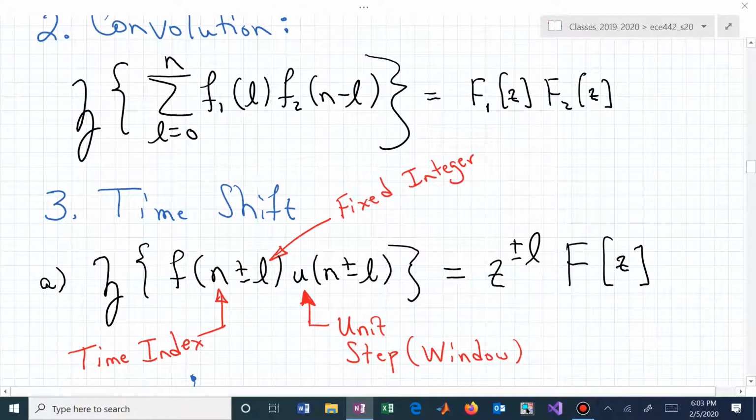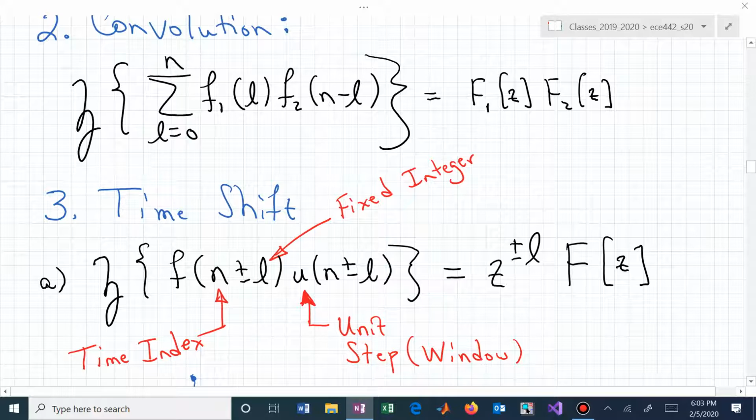Property 3, time shift. Here it gets a little interesting, but little n is what I'm using for my time index. That's varying. Little n is marching along: 0, 1, 2. L is a fixed integer. L is 1, or L is 2, or L is 5. It's whatever fixed integer you need it to be. But whatever L is in your waveform, little f, it's exactly the same in the switch.